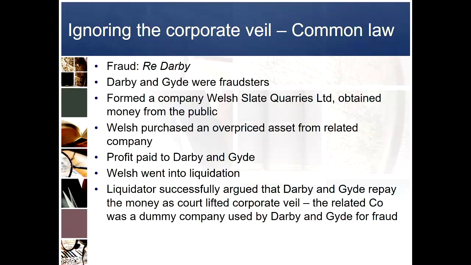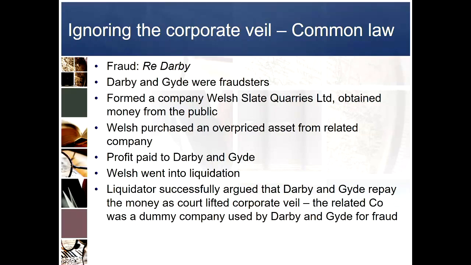It turned out that this asset was basically worthless. It wasn't worth anything. But the company had paid money for this asset. This company eventually became insolvent. So the shareholders, when they went to say, hey, we've got this asset, and found out it was worthless, what's going on here?